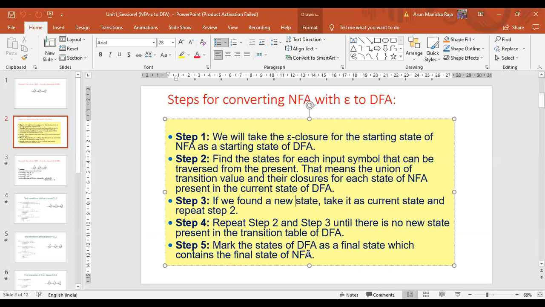These are the steps we follow to convert NFA with epsilon to DFA. Please compare all three problems and find the procedure for each one. They are almost the same; I can say 70% of the procedures are the same, with only some little changes.